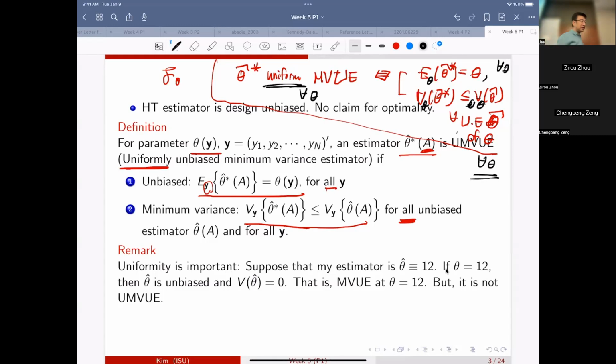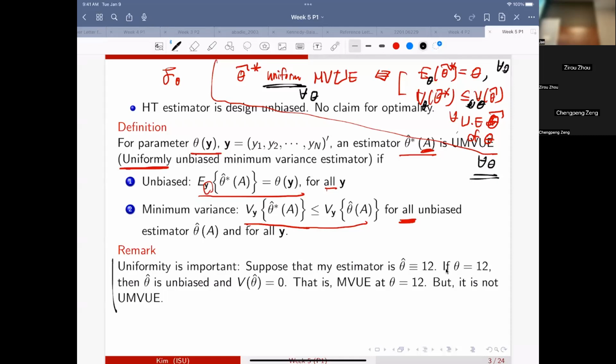Here is a kind of trivial example. Suppose my estimator is 12, no matter what. Then under the particular parameter, which happens to be 12, this is unbiased for that parameter, and the variance is 0 because this is a constant.